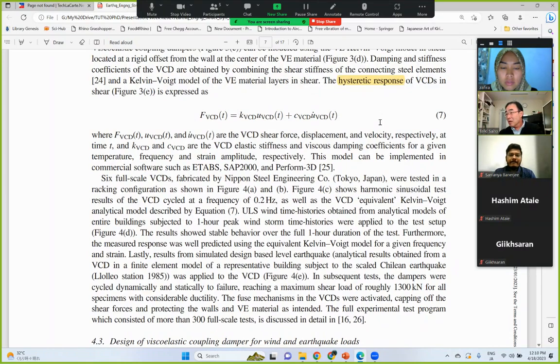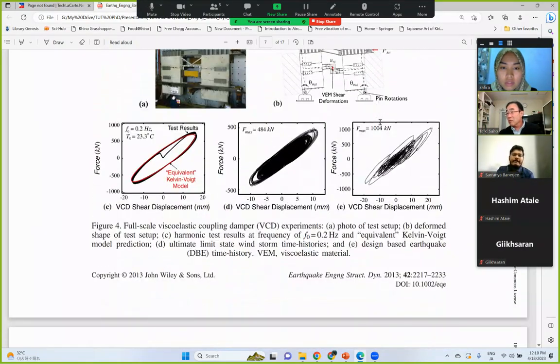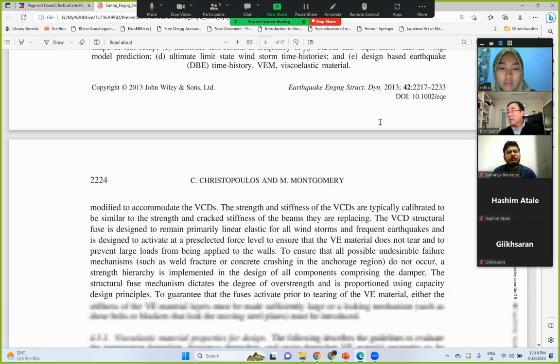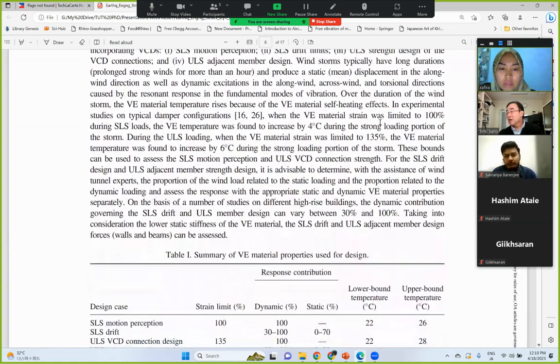Could you go down? I want to see the picture. Yeah, stop. Okay. Is there any table about the parameters in this test?